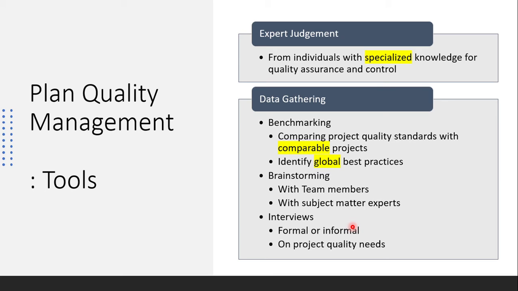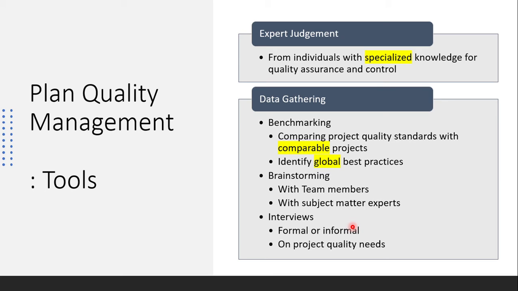You as a project manager may not have expertise knowledge of quality. Maybe you don't have expertise knowledge of certain data center standards. So you can actually tap certain third-party specialized knowledge to understand what these quality requirements are, and what type of controls are required in your project in order to ensure that these quality standards are achieved.